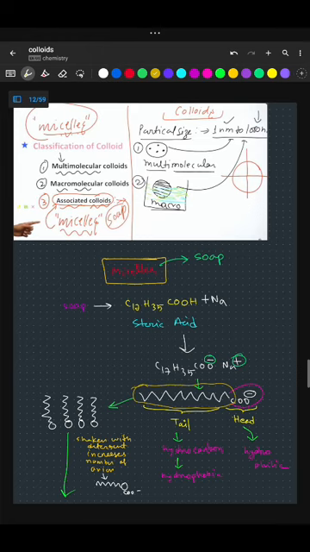The tail is a hydrocarbon, and hydrocarbons are in nature hydrophobic, and the head part is hydrophilic. Hydrophilic means it attracts water, and hydrophobic means it repulses water.